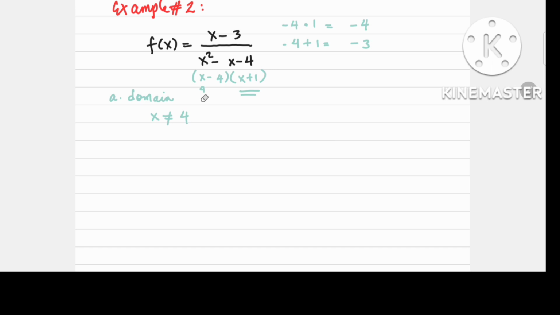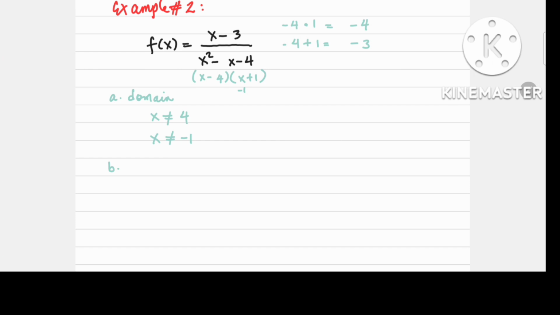Therefore, x cannot be 4. Also, x can't be negative 1 because negative 1 plus 1 equals 0. And that will result to a product that is 0. So we have 2 values that are not included in the domain.